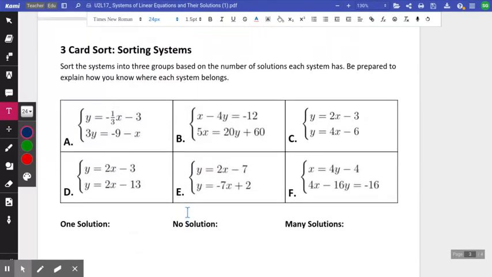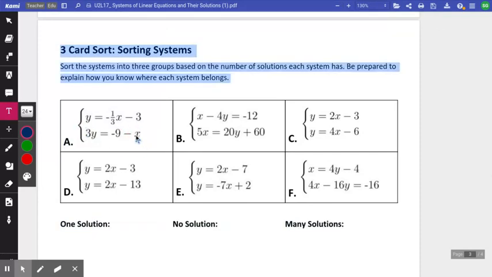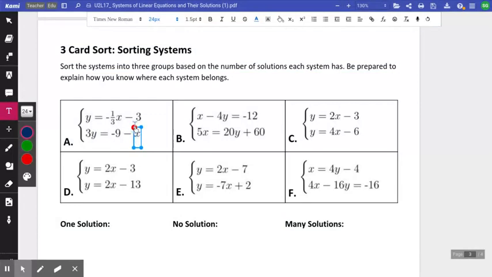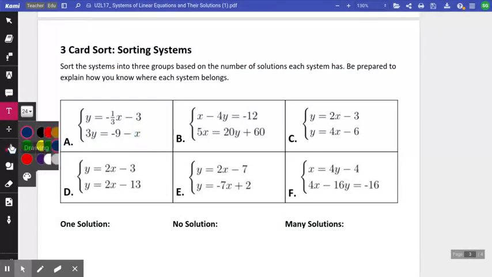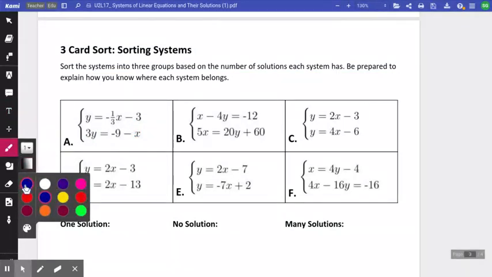So for example, looking at A, I want to compare the structure of these equations. There are many ways you can go about doing that, but one way is I notice this equation right here is really close to being in slope-intercept form. All I would have to do to get y by itself is divide both sides of the equation by 3.